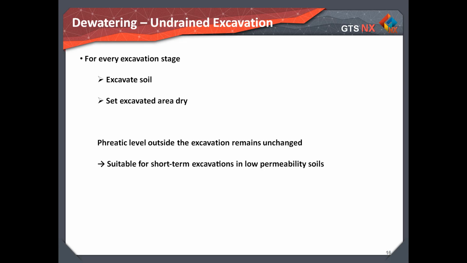For every excavation stage, in case of undrained excavation, firstly excavate soil and then set the excavated area to the dry condition. The water level outside the excavation remains unchanged, therefore suitable for short-term excavations in low permeability soils.